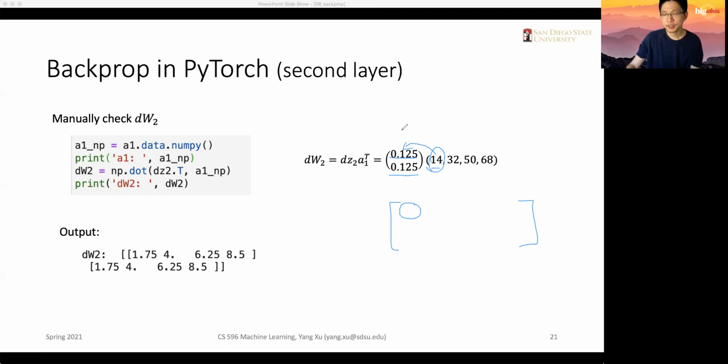Matrix multiplication requires that the number of columns of the matrix on the left, which is 2x1, matches the number of rows of the matrix on the right, this 1x4. As long as these two quantities are equal, it is a valid matrix multiplication. Sorry, my bad on that one.